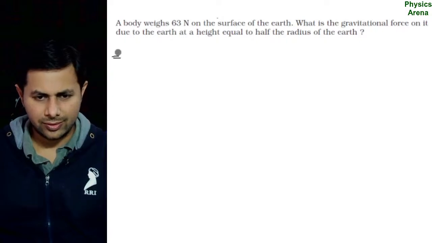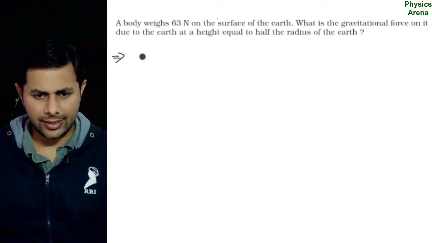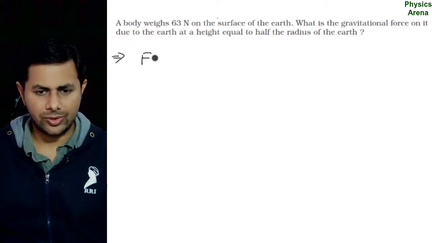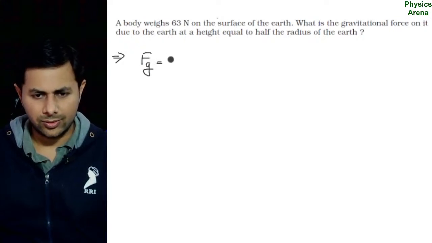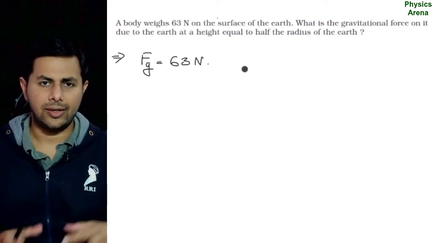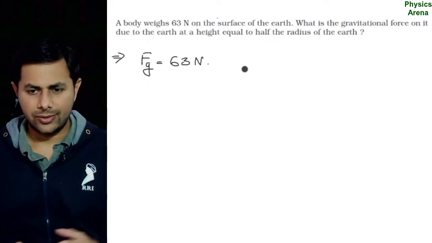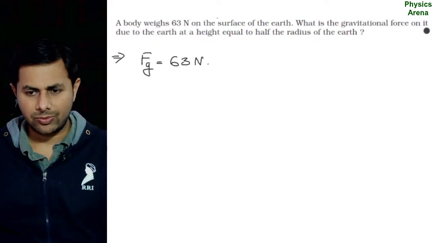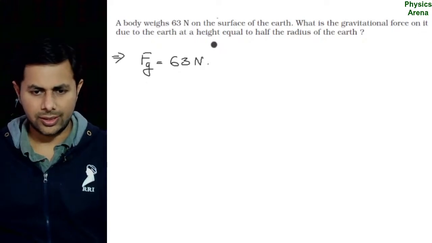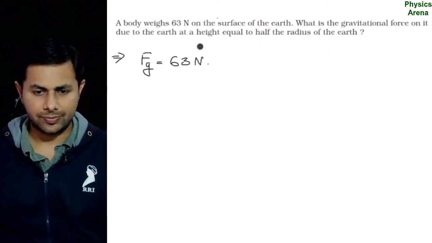So it's given that weight, I can write it's equal to gravitational force equals to 63 newtons, and this is on Earth's surface. Okay, so I can write this as mass of the body multiplied by acceleration due to gravity on Earth's surface. Okay, question is what is the gravitational force on it due to the Earth at height equal to half the radius of Earth.